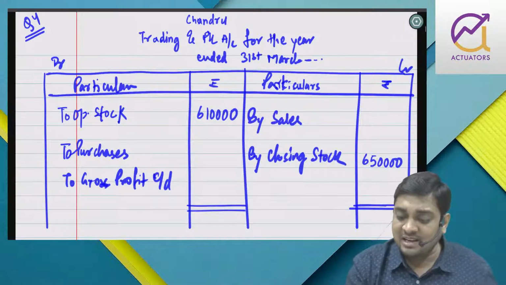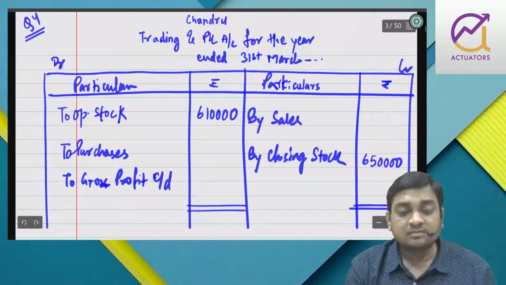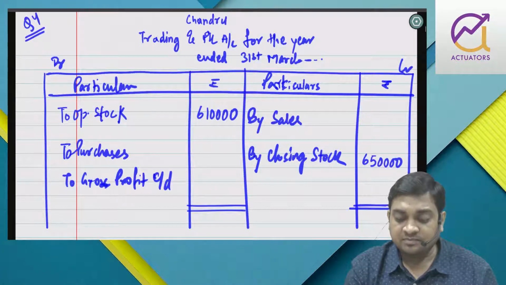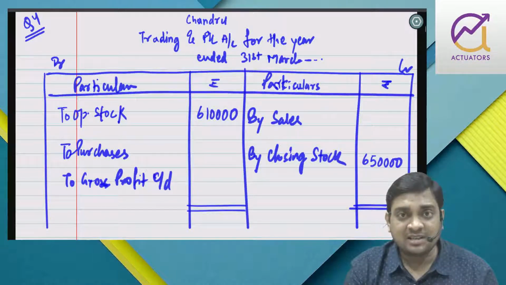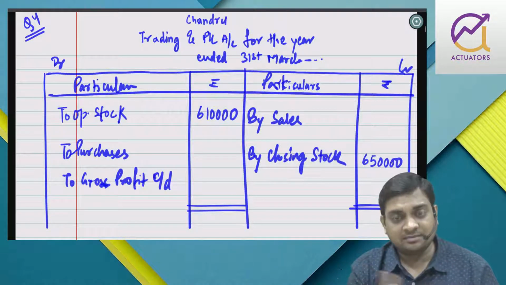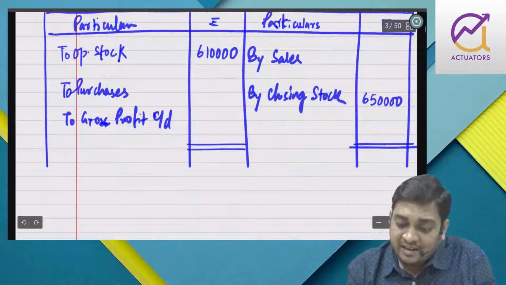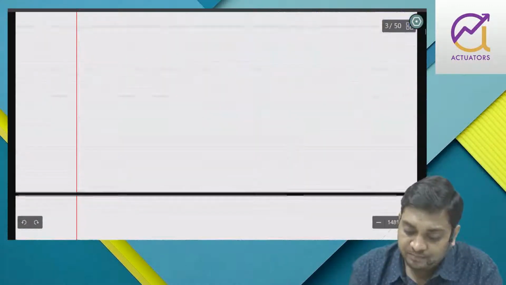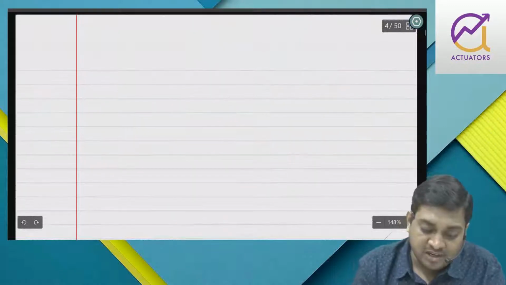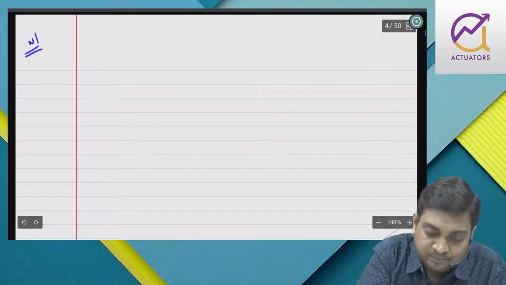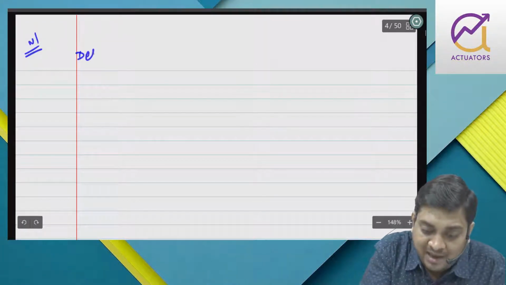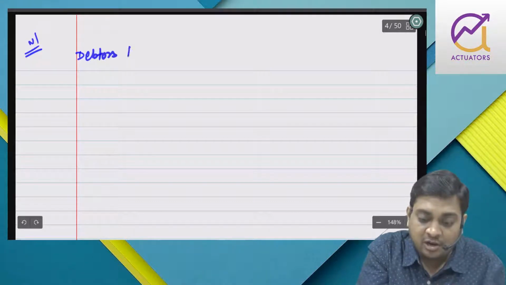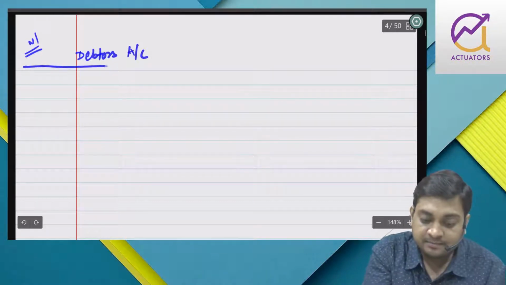You can see that once I know the sales part, gross profit I will get, purchase will be the balancing figure, this purchase I'll put in creditor. I hope you are getting my point. So right now our objective, you have to think before, right? So first of all our objective should be to prepare debtors account. Right now I will not focus on creditor.